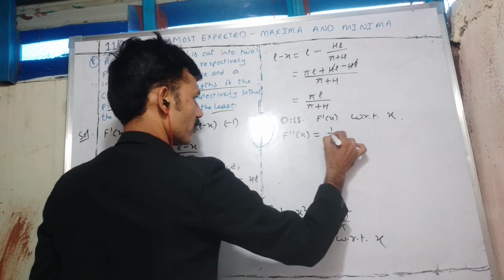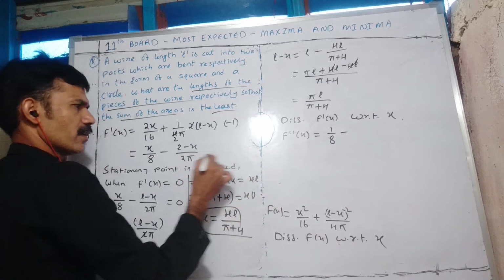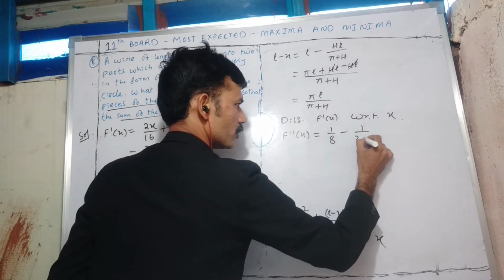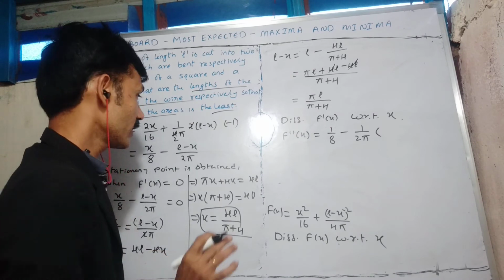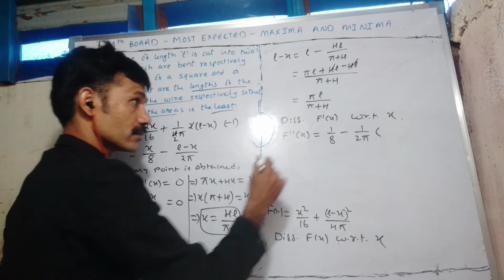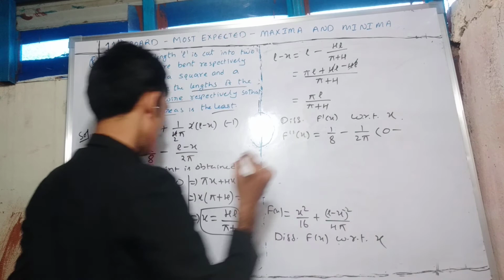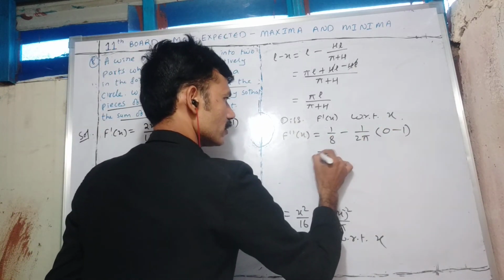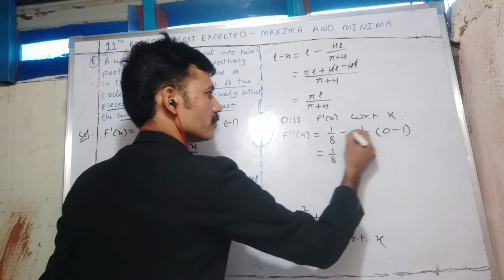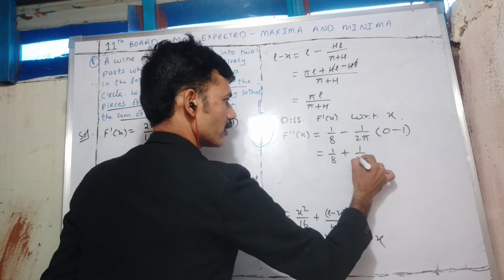So 1 upon 8 we will get here. 1 upon 2π you write aside. L minus x you have to differentiate. L is constant. So if you differentiate, 0 minus x if you differentiate, 1.